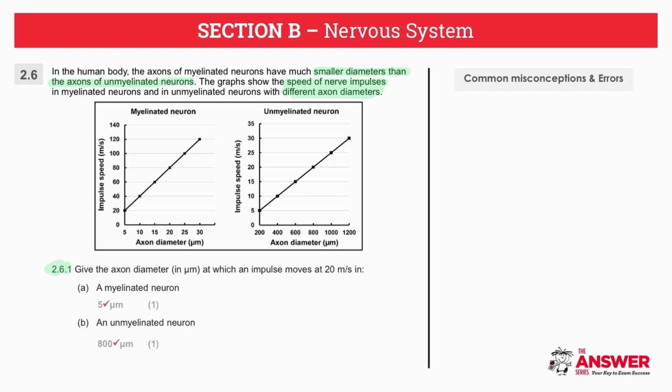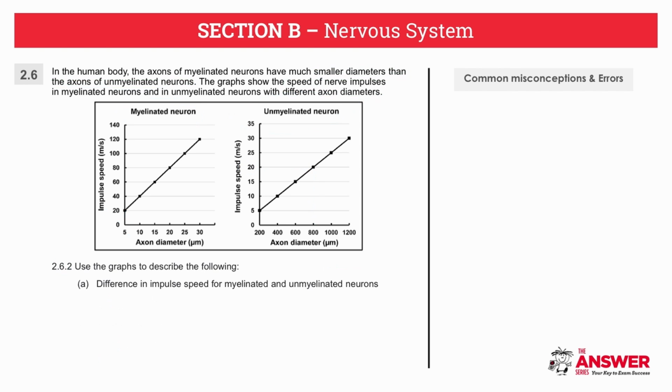Question 2.6.1, give the axon diameter in micrometers at which an impulse moves at 20 meters per second in the myelinated and then in the unmyelinated neuron. So for the myelinated neuron, we can see that the 20 meters per second directly goes down to the 5 micrometers. And then on the unmyelinated neuron, 20 meters per second, you need to draw a line and then down to the x-axis, and you can see it gets to 800 micrometers.